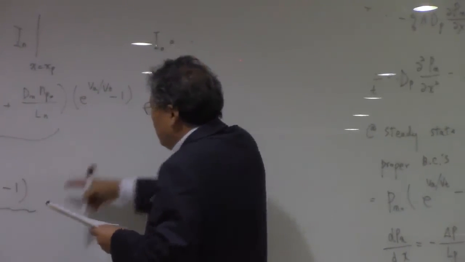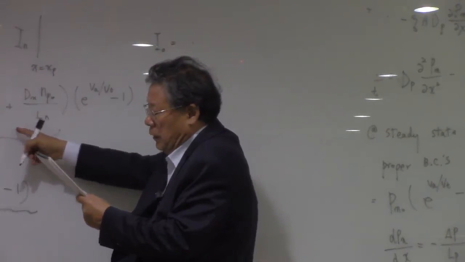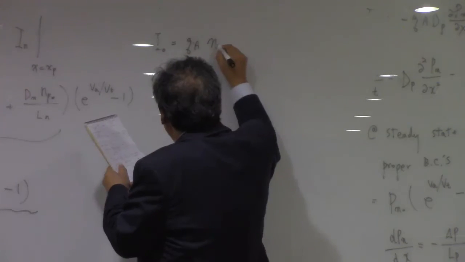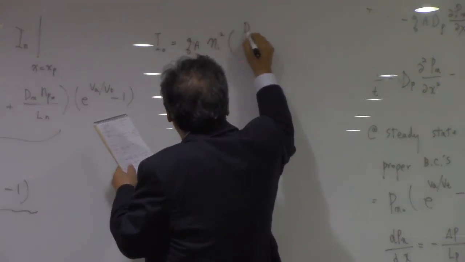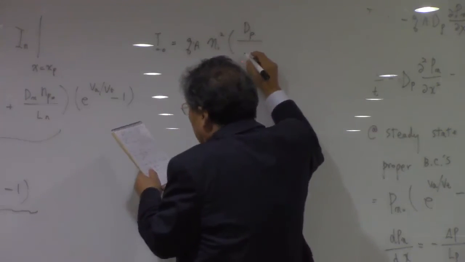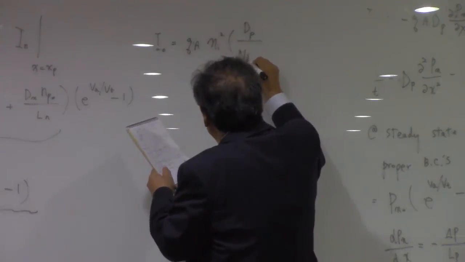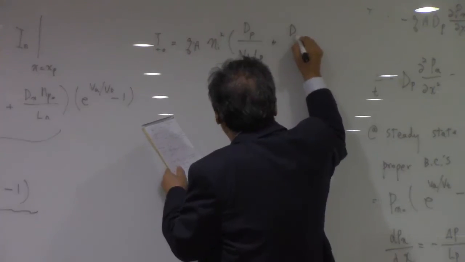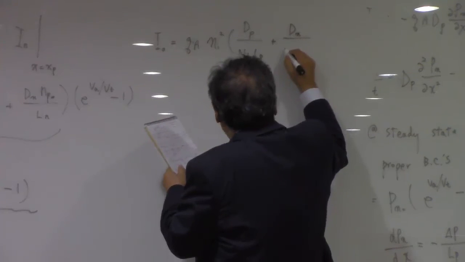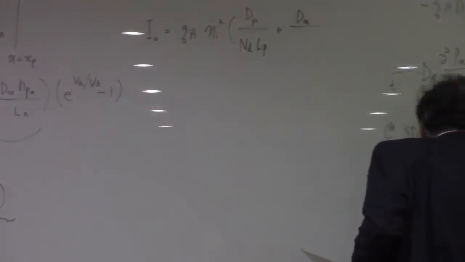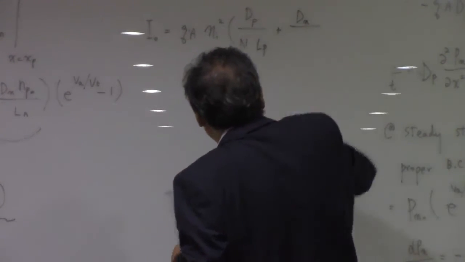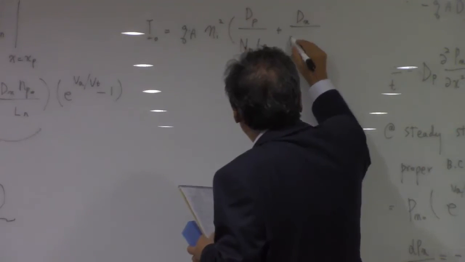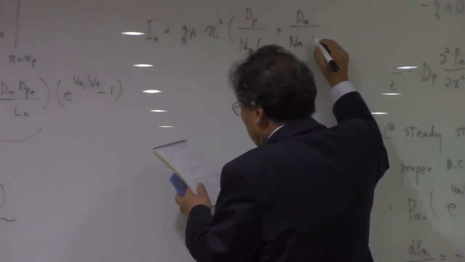And if you look into the I naught, you can see that it is Dp over ND Lp plus Dn over, let's make it consistent, a large capital letter, ND or NA, Ln.